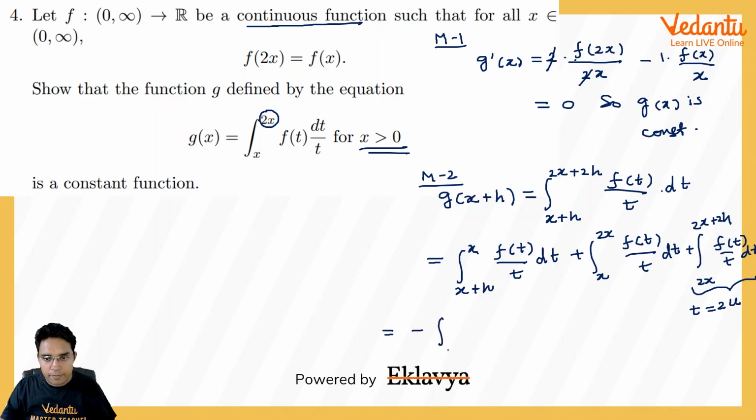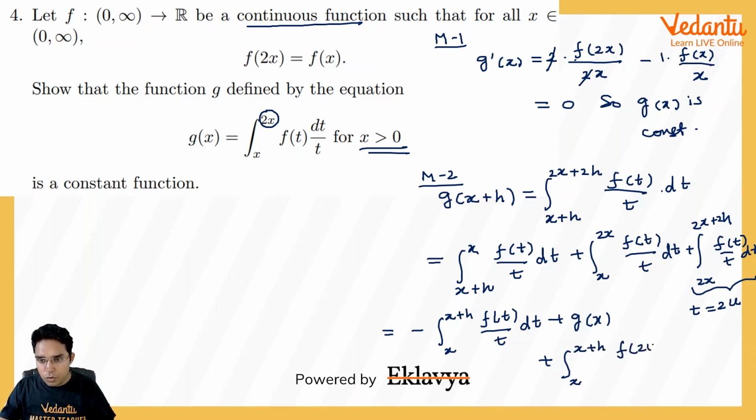So minus the integral from x to x plus h of f(t) upon t dt, plus this is nothing but g(x) only, and in this integral after the substitution, when t is 2x, u will become x, and when t is 2x plus 2h, it will become x plus h. Here f(t) will be f(2u) and t will be 2u, and dt will be 2 du.